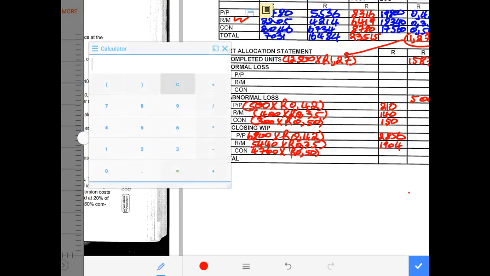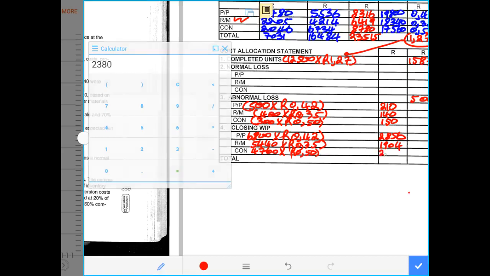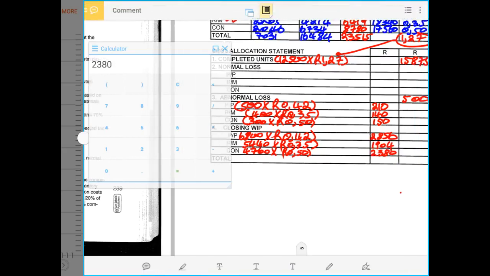Then we say 4,760 times 0.50 cents, which is 2,380 rands.